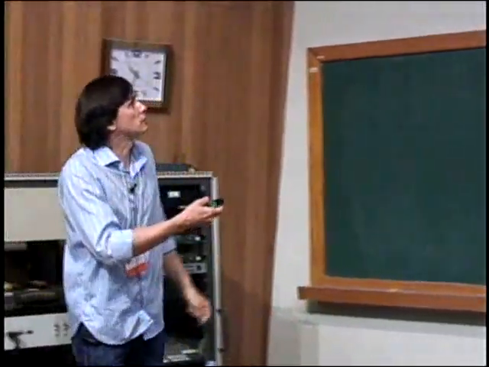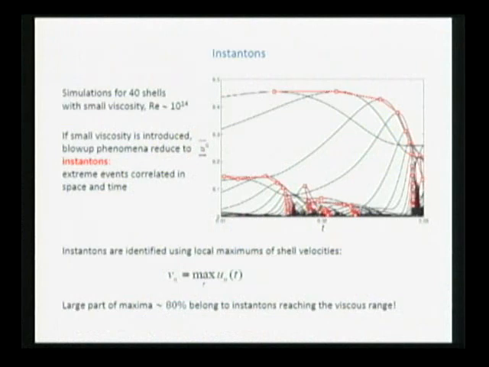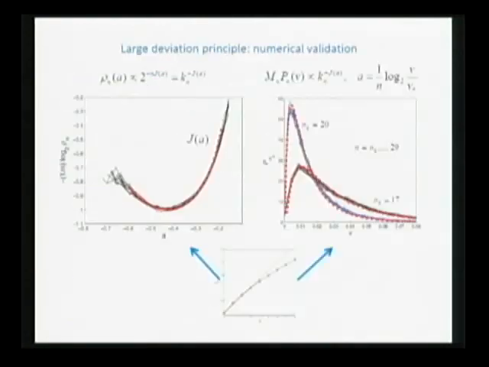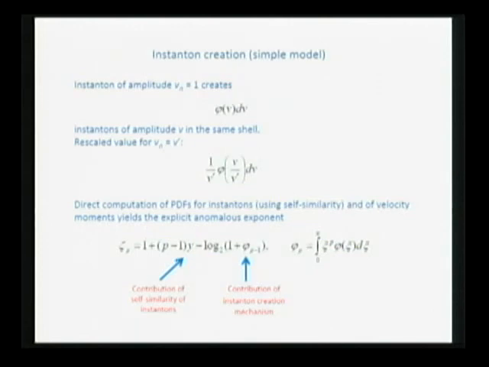So the creation mechanism. You can see that when an instanton propagates, it leaves a tail of energy, and this feeds new instantons. So each instanton creates new ones. And since we are on a playground, we can take any assumption. It turned out that if you take any assumption of how an instanton creates other instantons, you directly come to the anomaly.